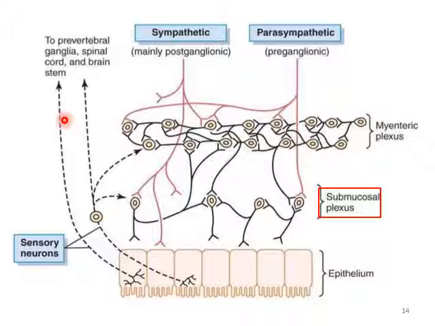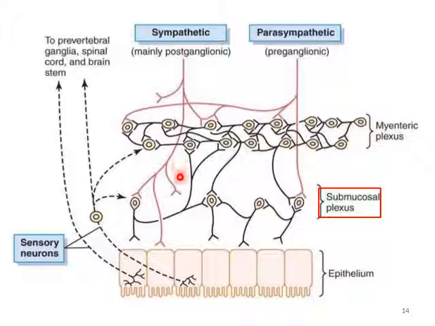ठीक है. एक तो रिफ्लेक्स ये होता है कि जो within here यहाँ पे खुद से अपना रिफ्लेक्सेस within the enteric nervous system originate होगा, that is called as the reflexes which are integrated entirely within the enteric nervous system. उसको एक्सटर्नल किसी चीज़ की ज़रूरत नहीं है.